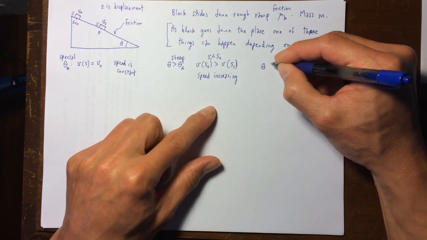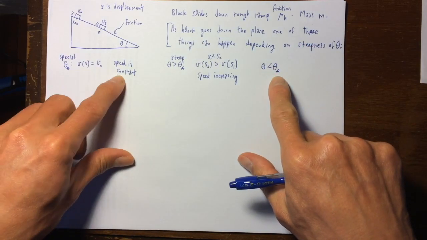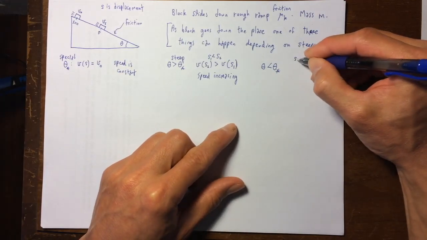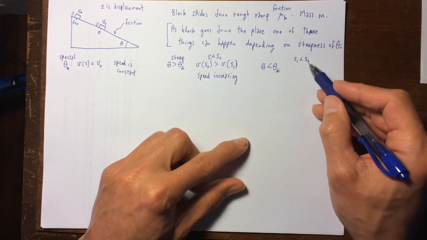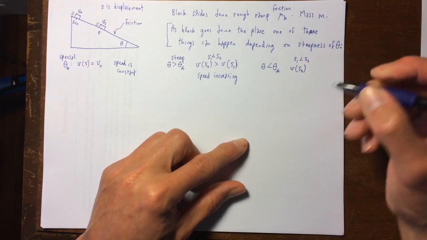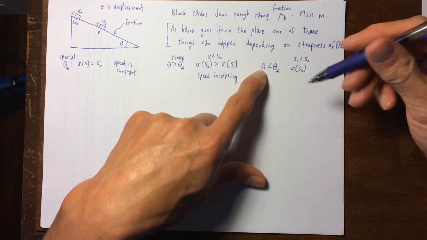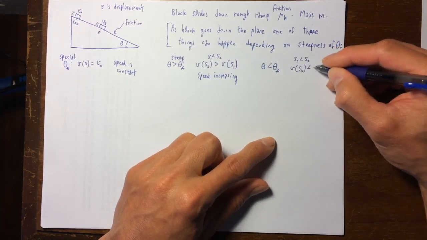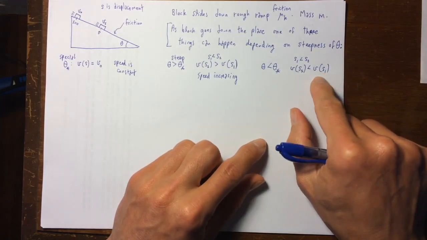For angles that are less than steep, so they are less than this special critical angle where the speed is constant, you'll instead see, if S1 and S2 are ordered the same way, so S2 is further down the plane than S1, then the velocity at S2 is smaller. So we are shallow, right? The inclined plane is very not steep. We should see that the speed at further distances is less than the speed at closer distances up to a certain point.